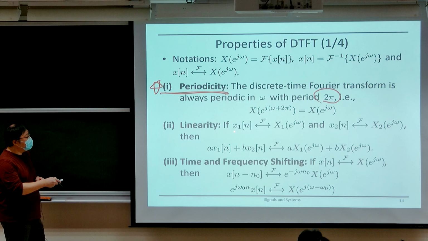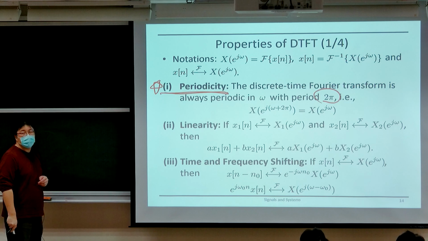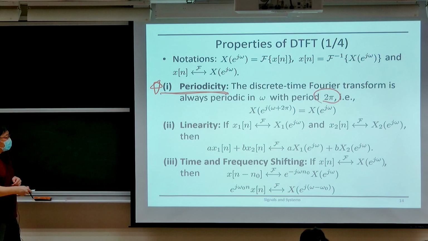If you have x1 and x2 with spectrum capital X1 and capital X2, then a linear combination in the time domain corresponds to the same linear combination in the frequency domain. Time and frequency shifting is also the same as in the continuous time case. If you have a time shift, then this corresponds to a phase shift in the frequency domain. Similarly, if you have a frequency shift, then this will correspond to a phase shift in the time domain.